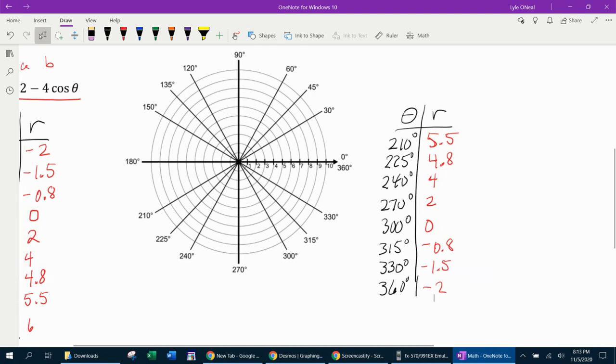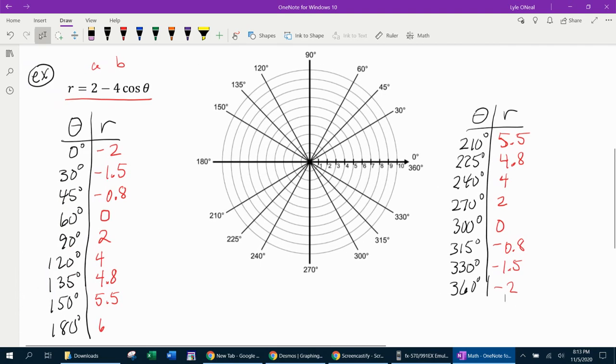Now what we have to do is go through and plot these points. All right, so let's be very careful here. At 0, we're going to be at negative 2. Now, if you remember in the previous lesson, we talked about how to plot polar points. Well, if the radius is negative, you have to go in the opposite direction.